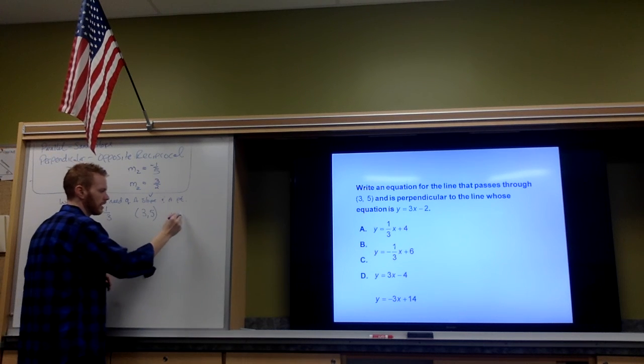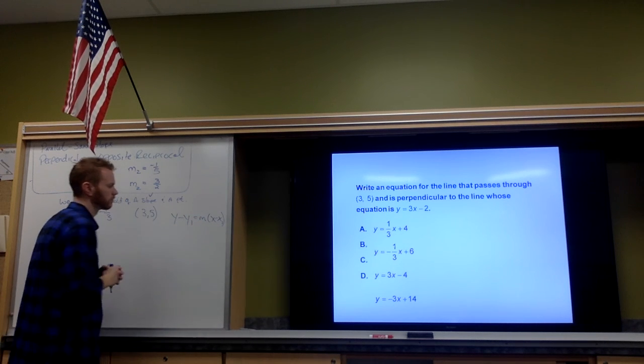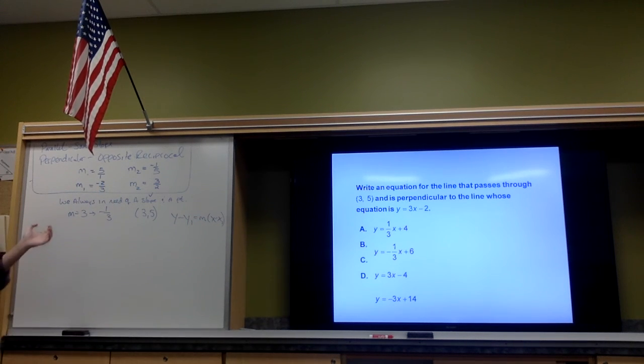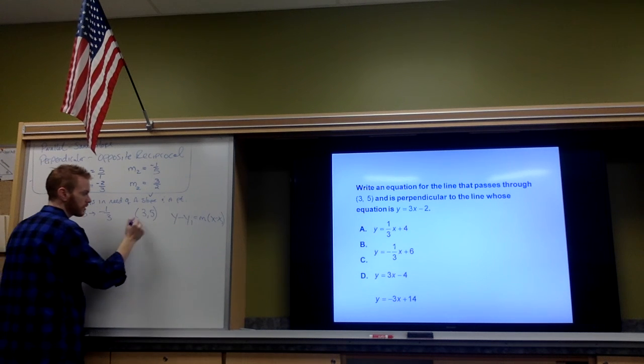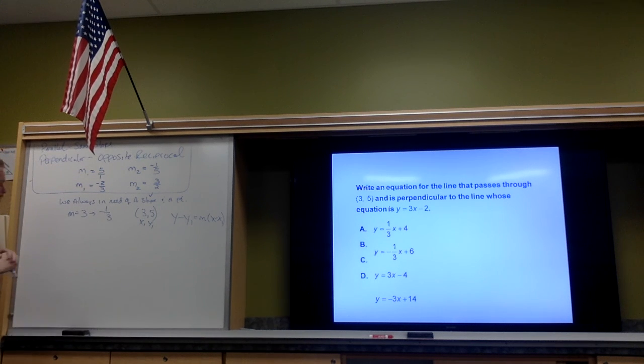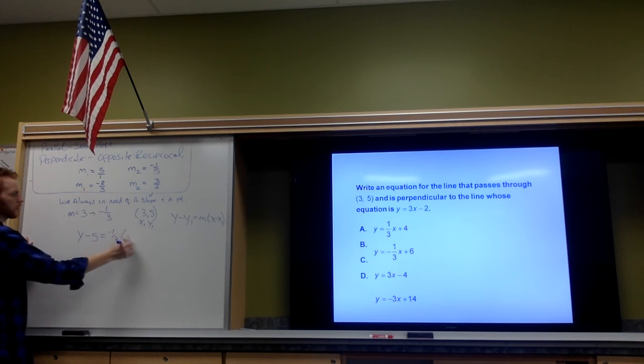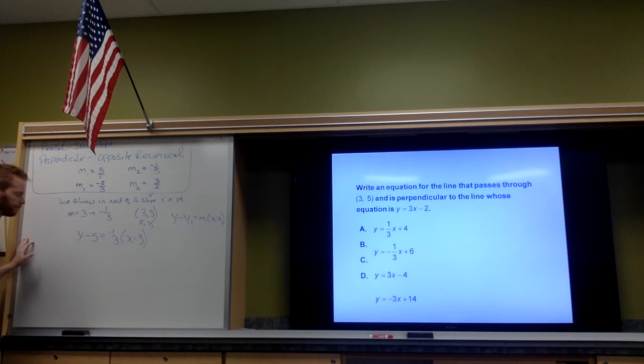Okay, I'm going to use this point now. No reason, I just figured, let's have a variety here, right? So this is my x1, y1. Now we're going to substitute. So y minus 5 equals -1/3 and then x minus 3. There's my substitution step. Next up, simplify.